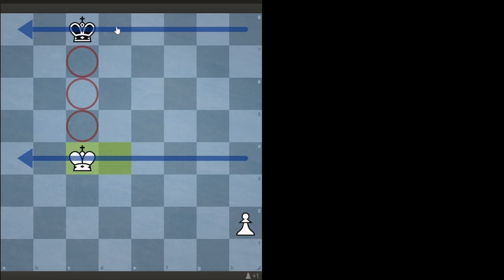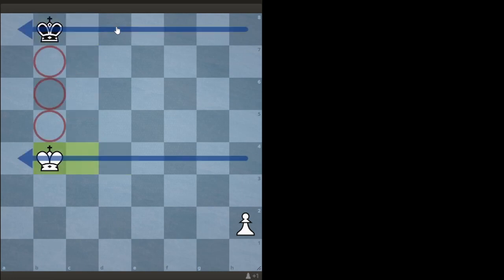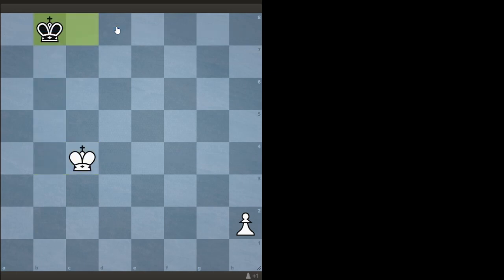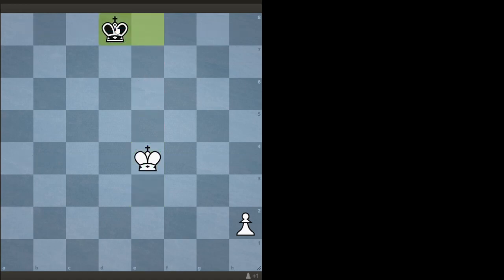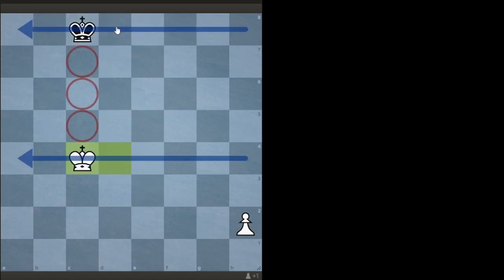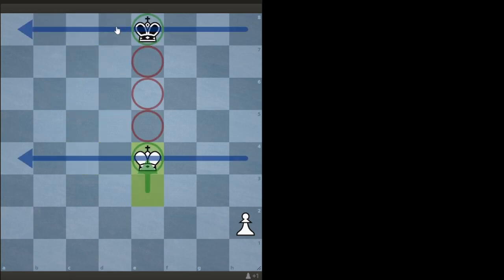And now after the king goes left, the white king is just mirroring the moves of black, having the opposition all over again. And now as you can see, after having the opposition, if the opponent gets onto the same rank, and if there are no other obstacles, you can reach the opposition after the move of the opponent. And therefore it will be very important in the next examples.